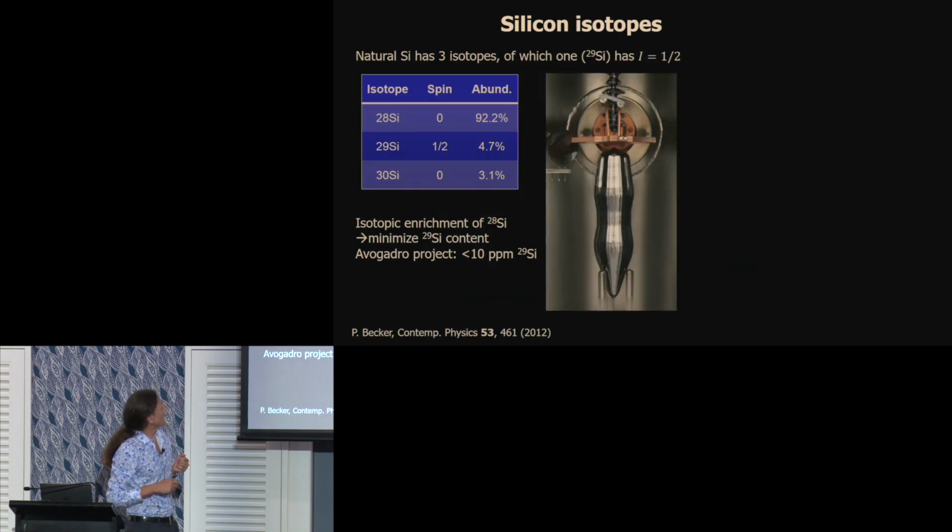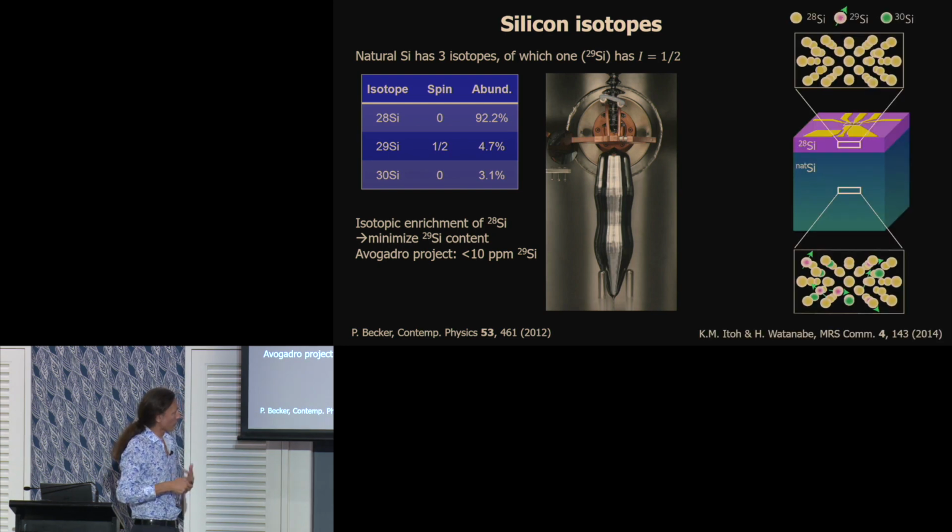Now, in silicon, as I said, 4.7% of the isotopes has a spin 1/2, but 92% has a spin 0, and there's another 3% of silicon-30 that also has spin 0. There is a whole worldwide effort to purify just the silicon-28 isotope that has zero nuclear spin. So this is the extreme case that comes from the Avogadro project, where people are looking at creating a perfect sphere of isotopically pure silicon-28 to redefine the kilogram.